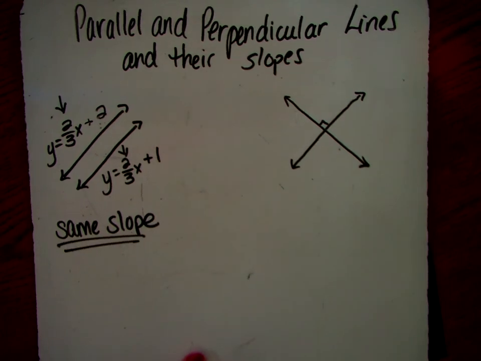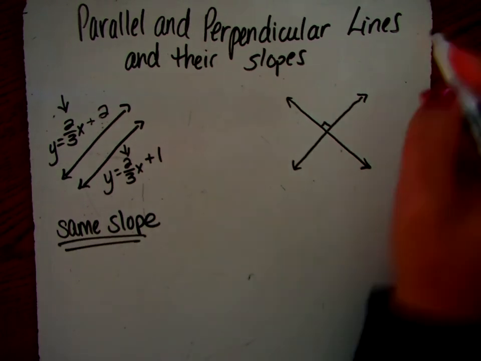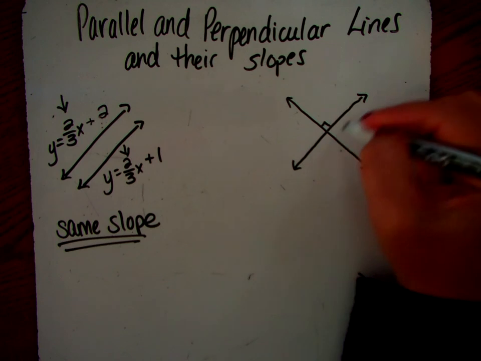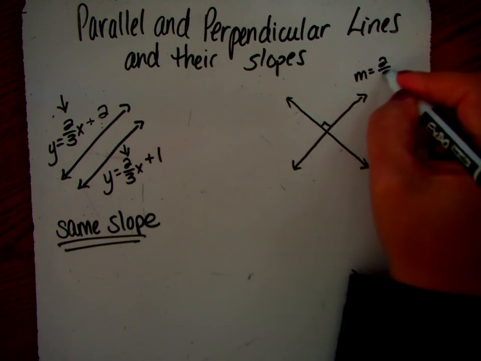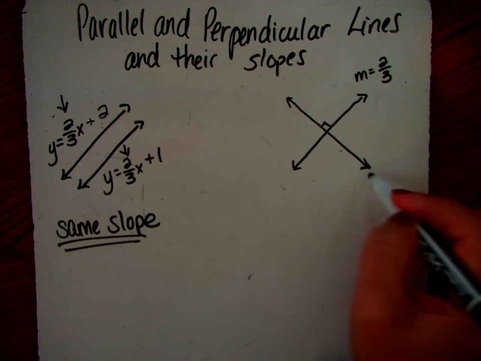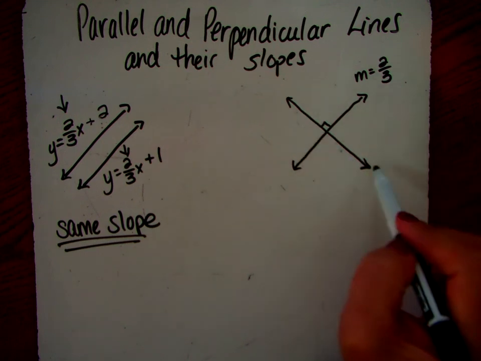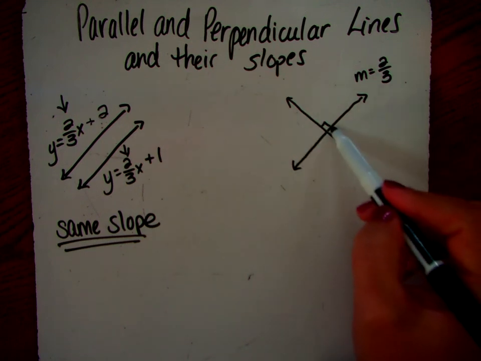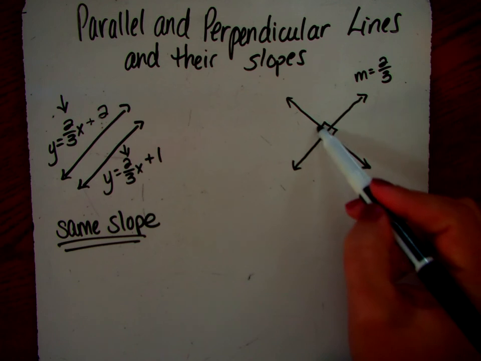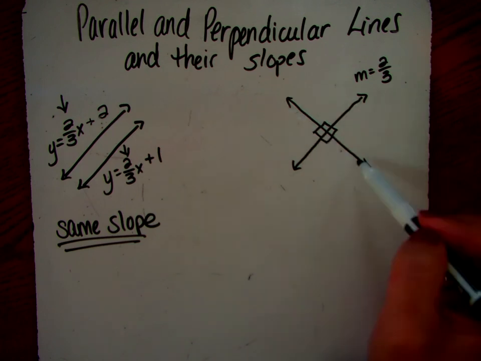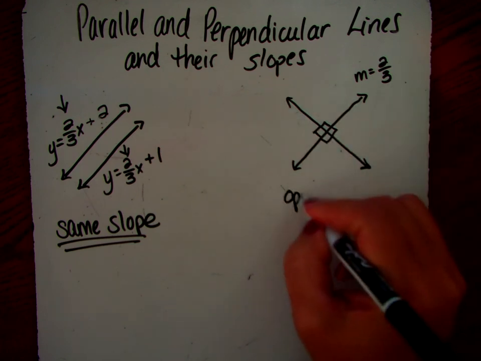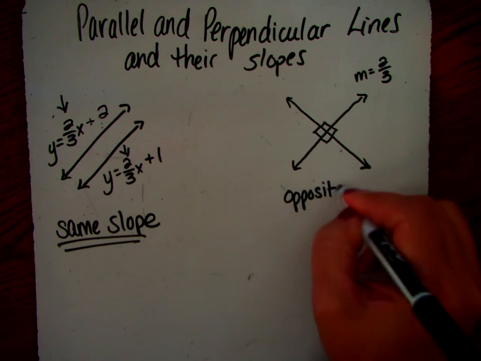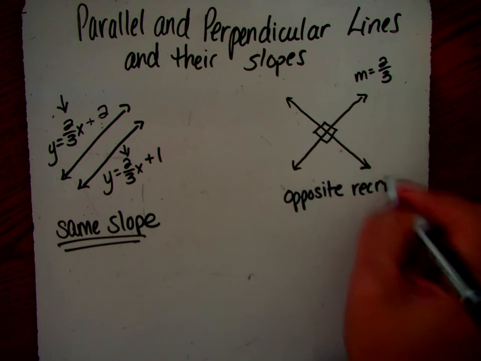On the other hand, perpendicular lines, if I told you the slope of this line was 2/3, the slope of the line that's perpendicular, which means all of these are 90-degree angles, okay, it's a perfect cross, the slope of this line would be the opposite reciprocal.